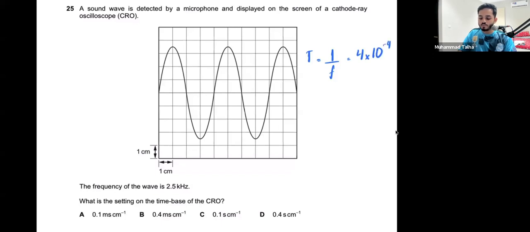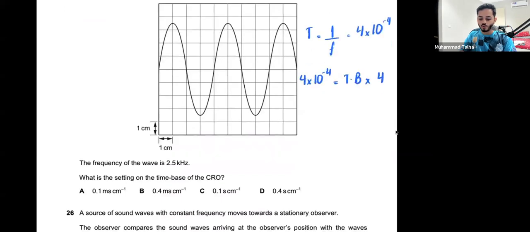What is the time period in terms of the time base? It's the time base multiplied by the horizontal divisions in which one wave forms. In this case, it's 1, 2, 3, 4. So times 4. So this would be 1 into 10 to the negative 4, which is 0.1 milliseconds per centimeter. Again, easy.